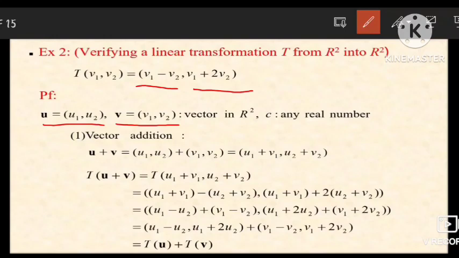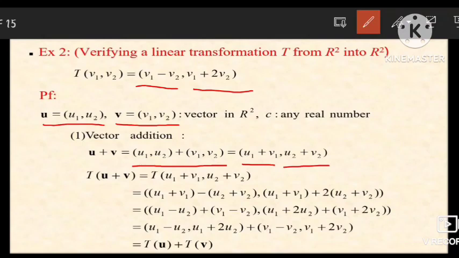First is vector addition. So u plus v is equal to (u1, u2) plus (v1, v2). So it will be equal to (u1 plus v1, u2 plus v2).